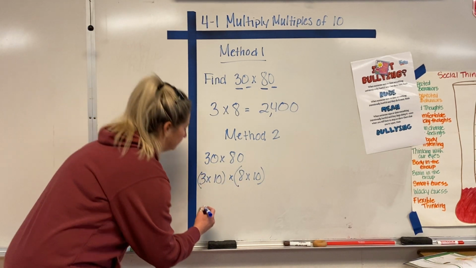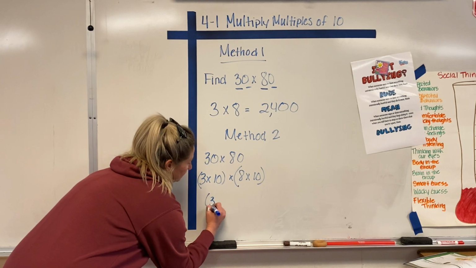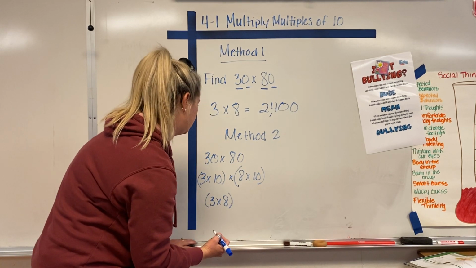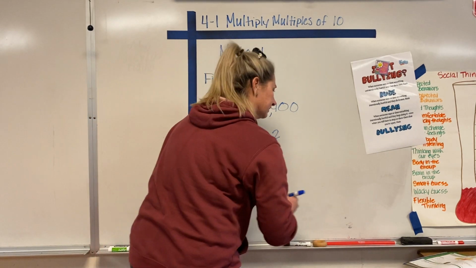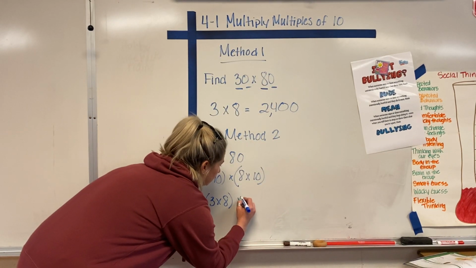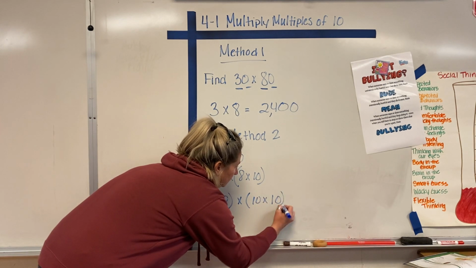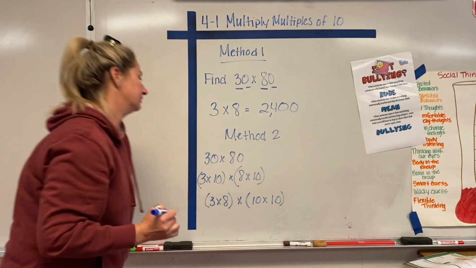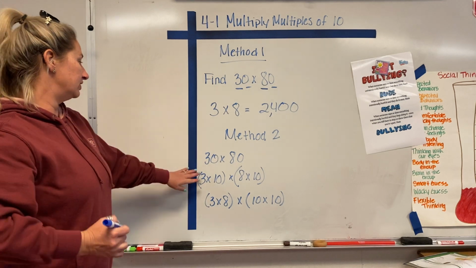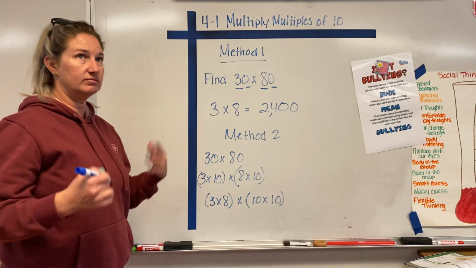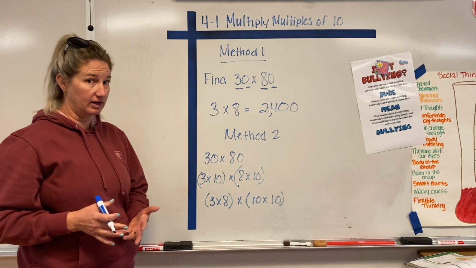Okay, so you'd have 3 times 8 and 10 times 10. Okay, so this works because you can move your parentheses around. When it's all multiplication, it doesn't matter what order you multiply in.